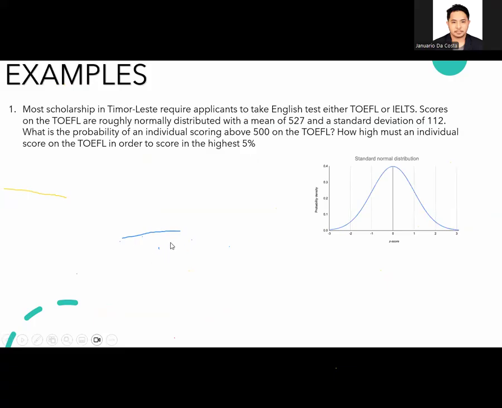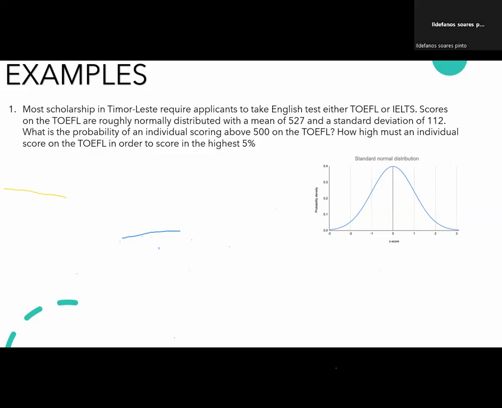All right. What about this? Can somebody read this for me, please? Ildefanus, please read this for us. Most scholarships in Timor-Leste require applicants to take English tests, either TOEFL or IELTS.